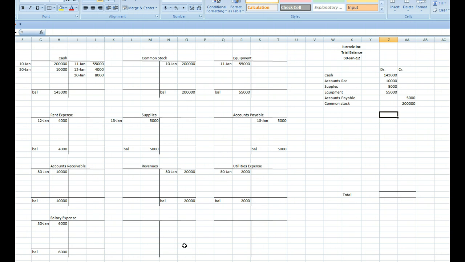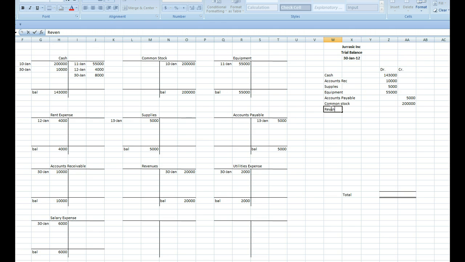After common stock, you typically find retained earnings in your balance sheet. However, since this is a brand new company that we just started, we don't have any retained earnings. This is the very first month of operations. So we will move on to the next owner's equity account, which is revenues. Don't forget, revenues and expenses as well as dividends are part of retained earnings. They're retained earnings accounts. So next we will put our revenues here.